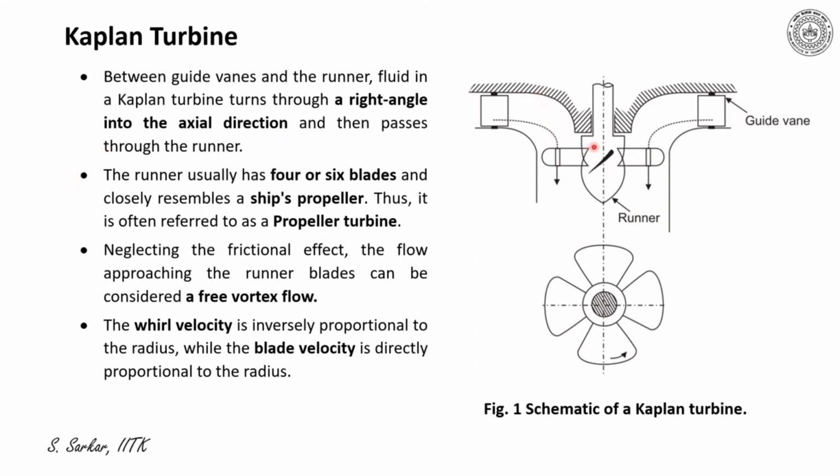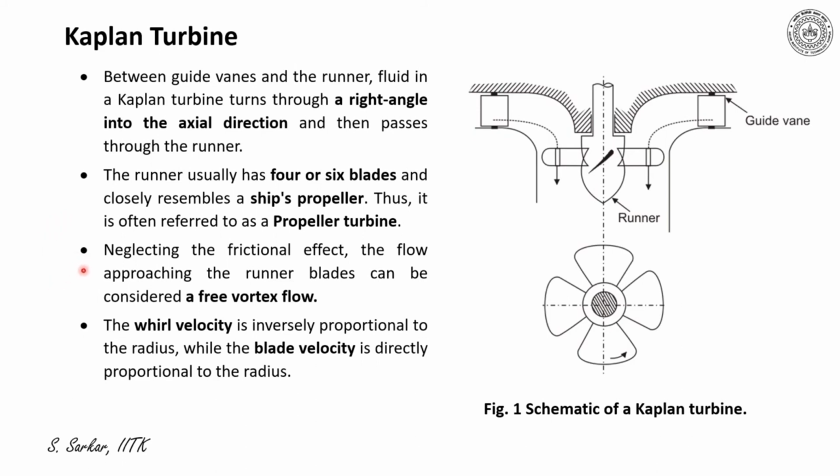Thus, the fluid enters the impeller axially and leaves axially. Furthermore, please note that the runner usually has 4 to 6 blades and closely resembles a ship's propeller. Thus, it is often referred to as a propeller turbine.